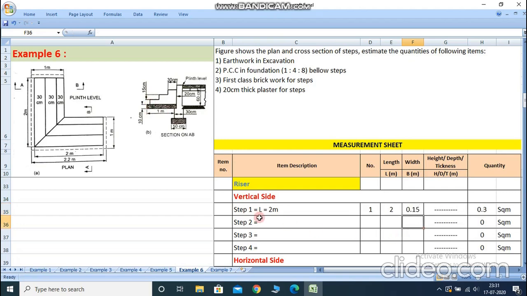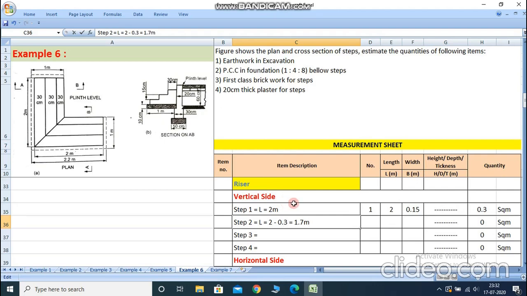Clear? Now for step 2 length, from this corner point to this corner point, the length is a total of 2 meter minus 0.3. This portion is put as a negative. So total 2 meter minus 0.3. So from this corner point to another point, the total length is calculated as 2 minus 0.3 is equal to 1.7 meter.